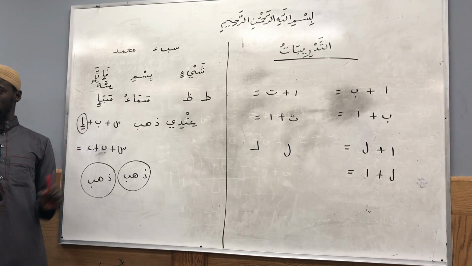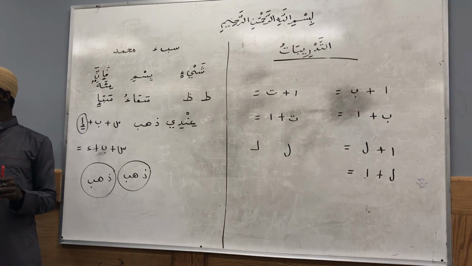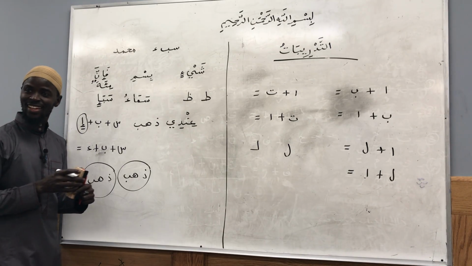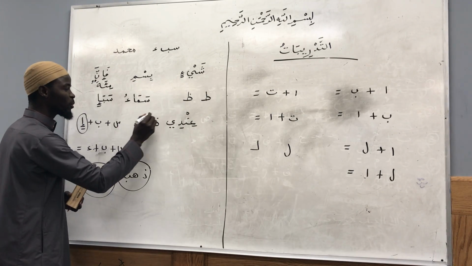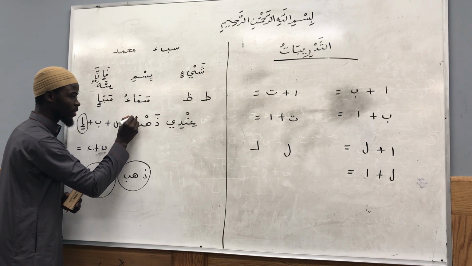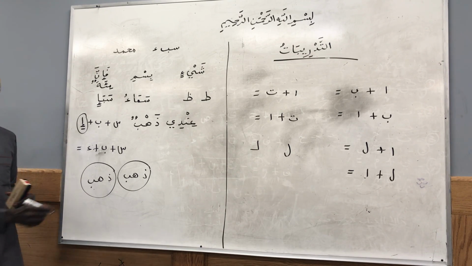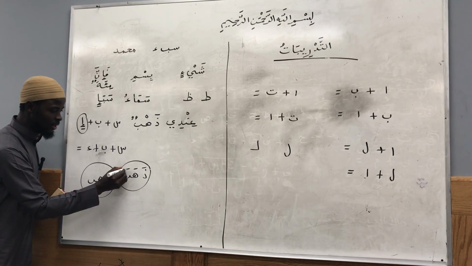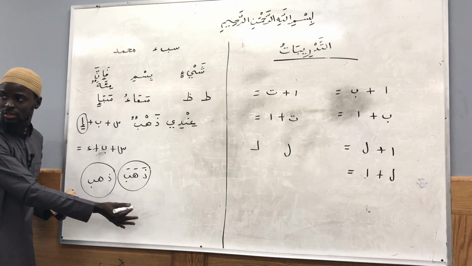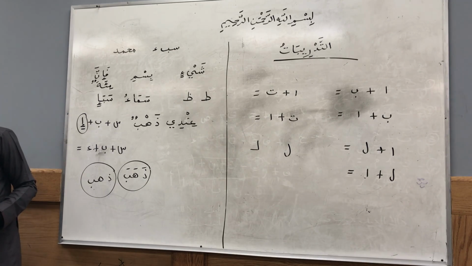You have to change the vowels. It's going to be something. What is it going to be? عندي, no, you have to change this fatha and dhamma. عندي ذهب. Now ذهب, which is he went. عندي ذهب, I have gold.